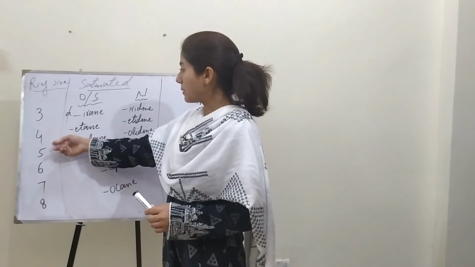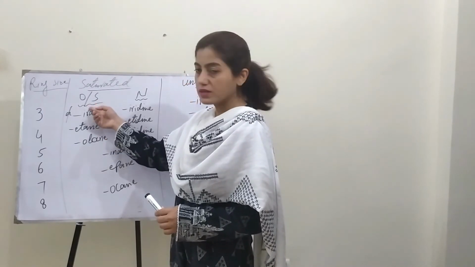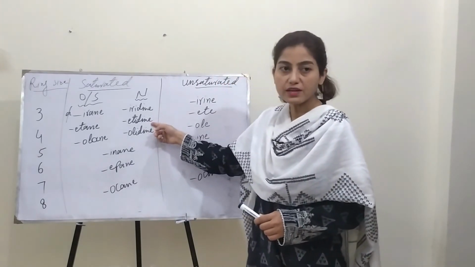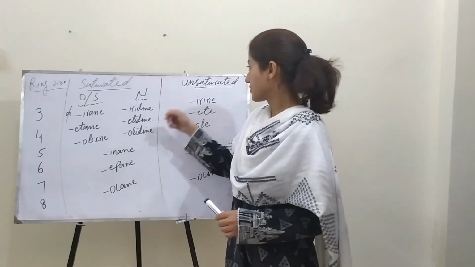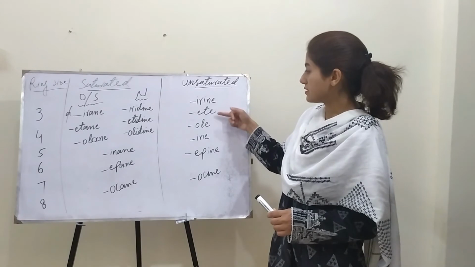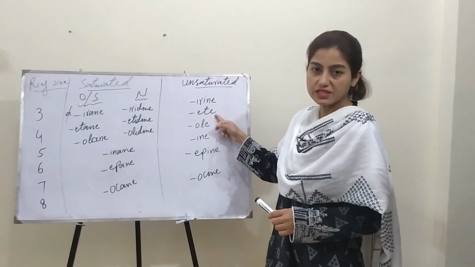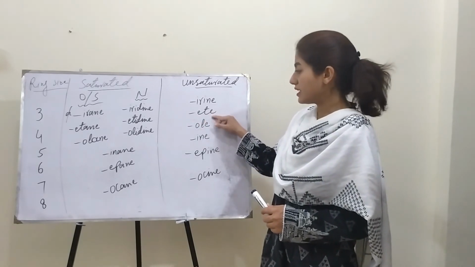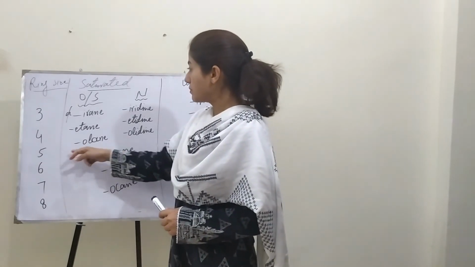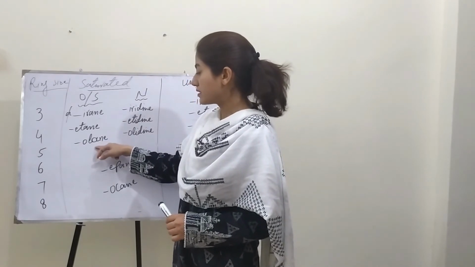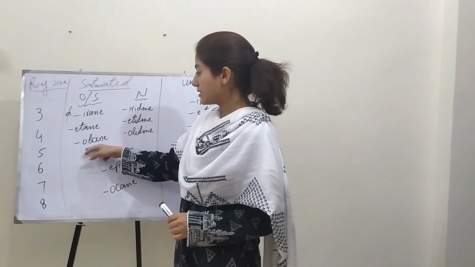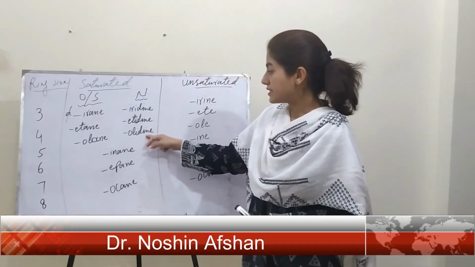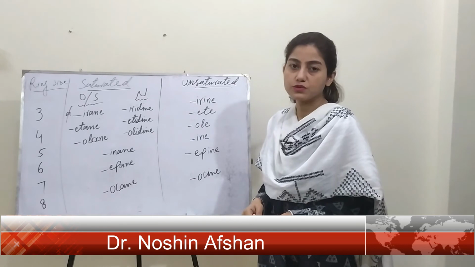Similarly, in the case of a 4-membered saturated system with oxygen or sulfur, the name would end in etane, and in the case of nitrogen, it would be etidine. But in the case of an unsaturated system, its name would end as ete. In the case of a 5-membered saturated heterocycle, the name would end at olane in the case of oxygen and sulfur, and olidine in the case of nitrogen.